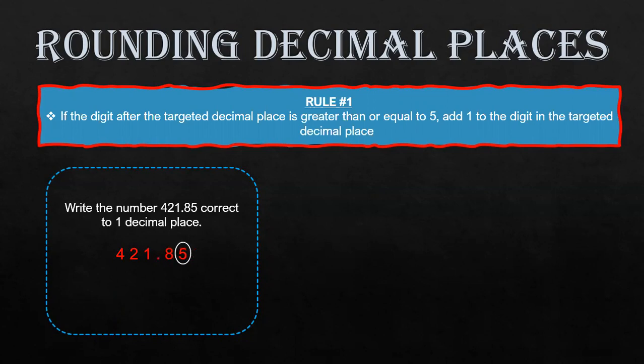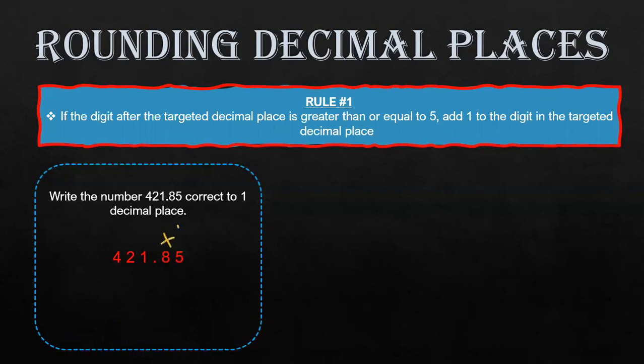According to the rule, if that digit is greater than or equal to 5, and in this case it is equal to 5, then we need to add 1 to the digit that is in the targeted decimal place. So we're adding 1 to 8. And so 421.85 written to 1 decimal place will be 421.9.